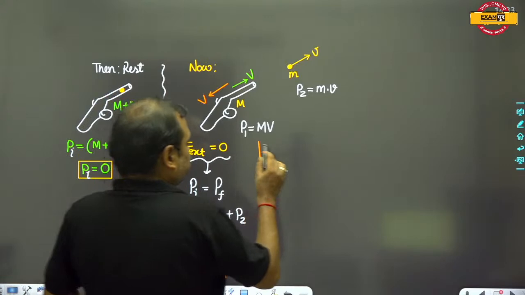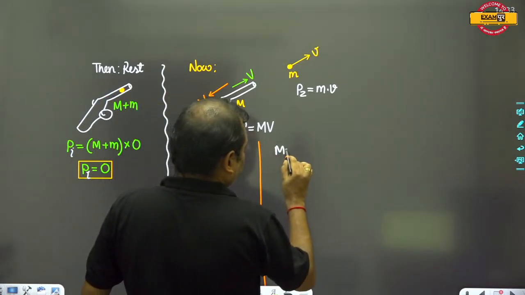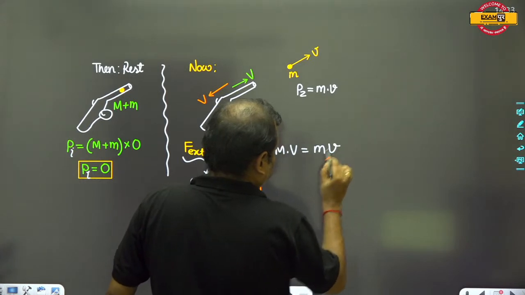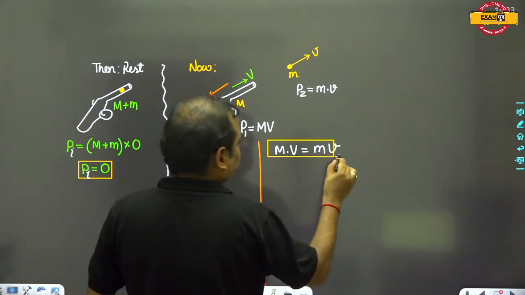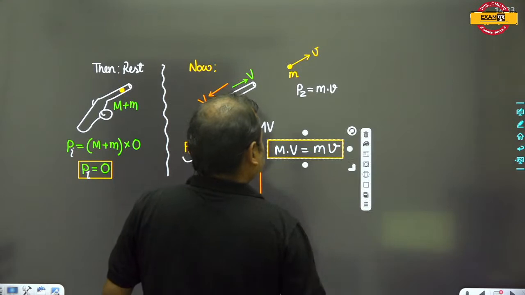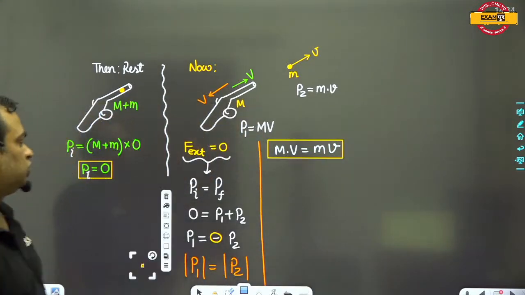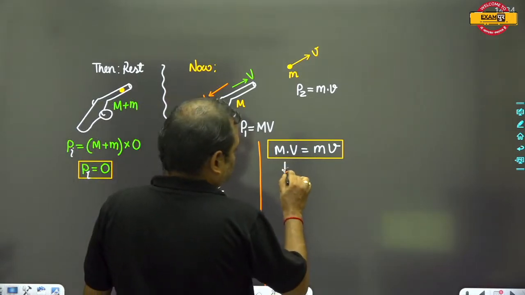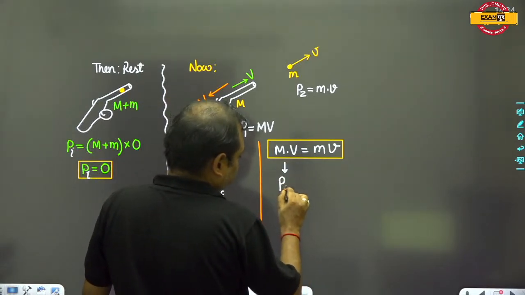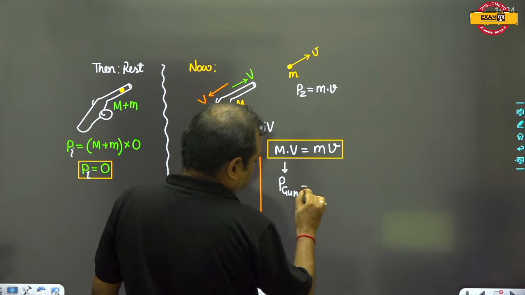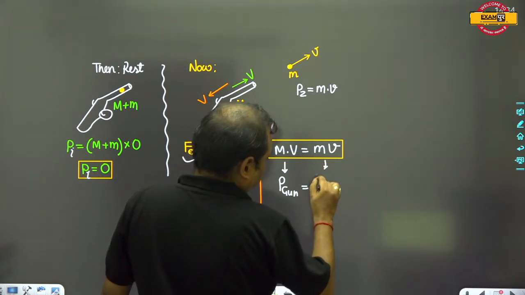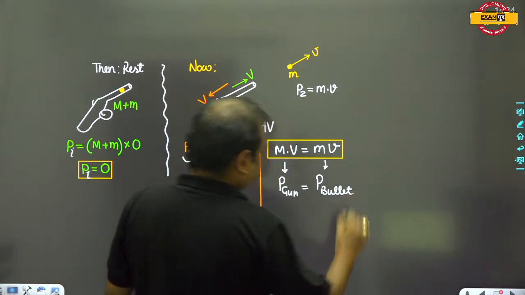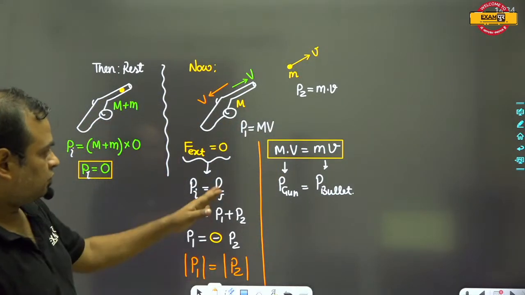So p1 will be equal to capital M into capital V, which will be equal to small m into small v. This is the formula which will hold true. This is the momentum of the gun, and this is the momentum of the bullet.